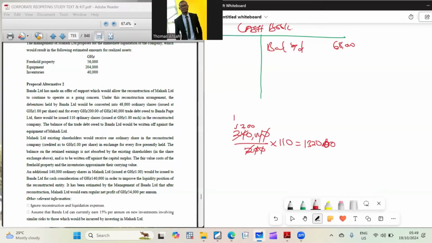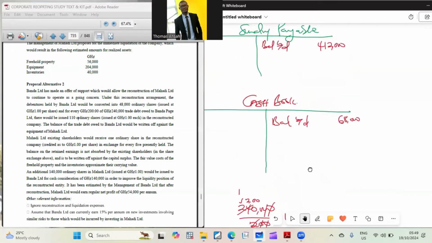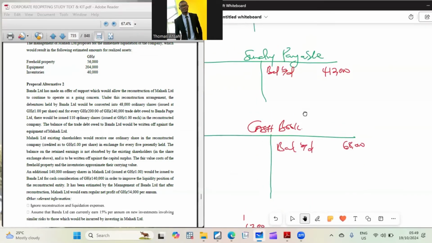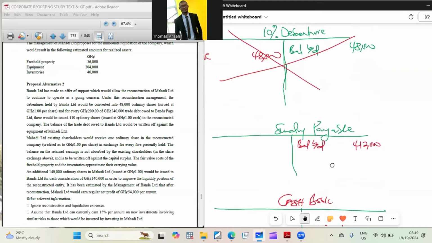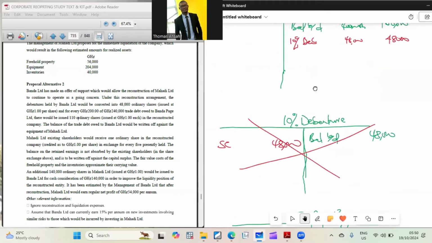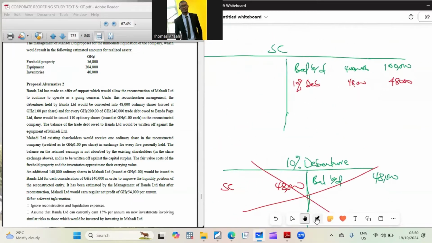So it means that he's coming in with another 132,000 shares, and the price of that share is 1 Ghana cedi, so that will make it 132,000 cedis. Okay. So we have an additional one, that is the trade payable. The trade payable that we have will also be reduced.